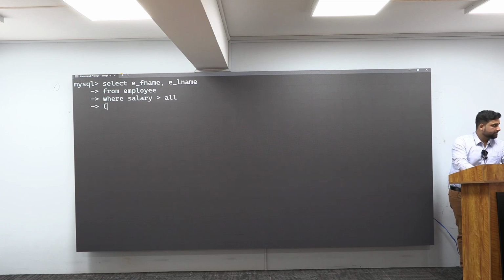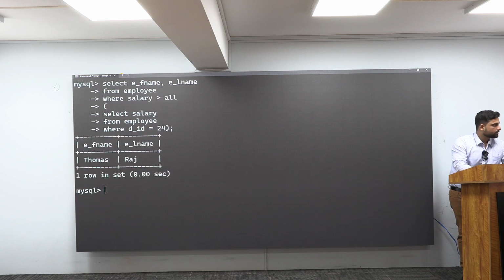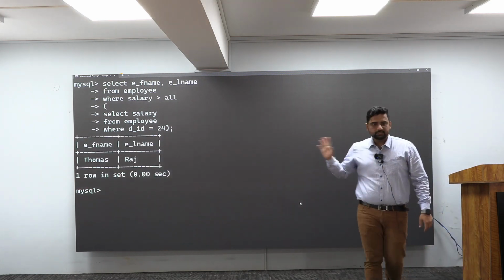And from which department do we have to compare salary? From department 24, where department ID equals 24. Only one employee we got, Thomas. Understood?